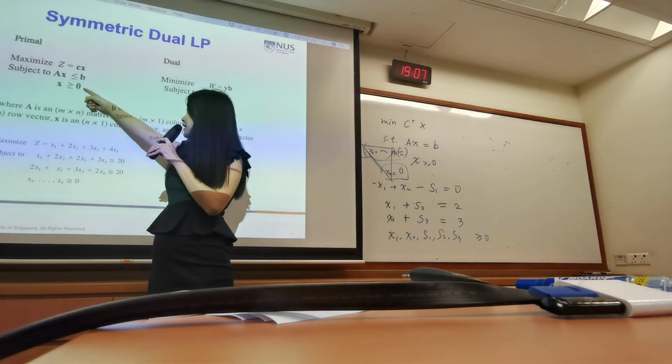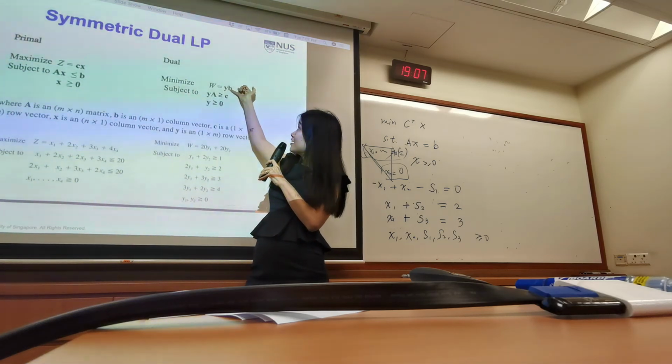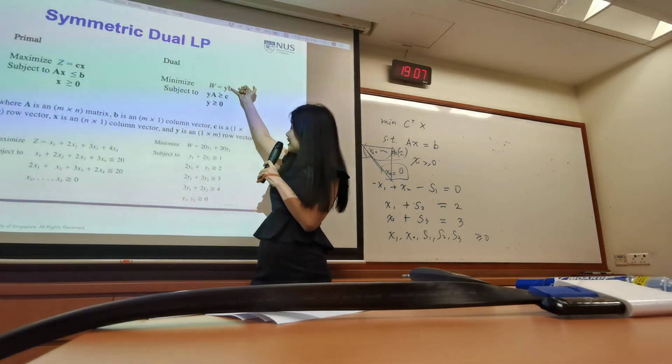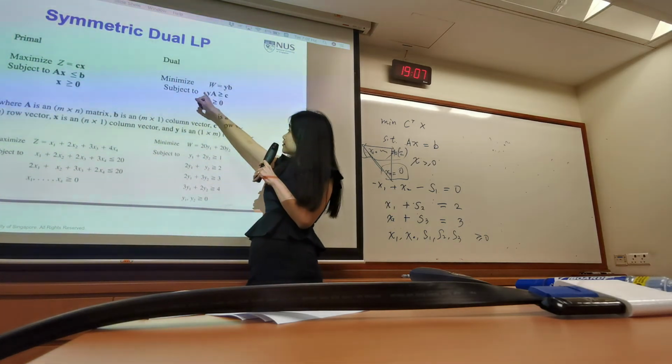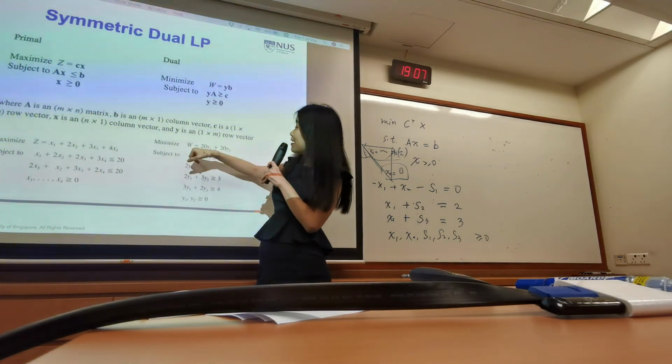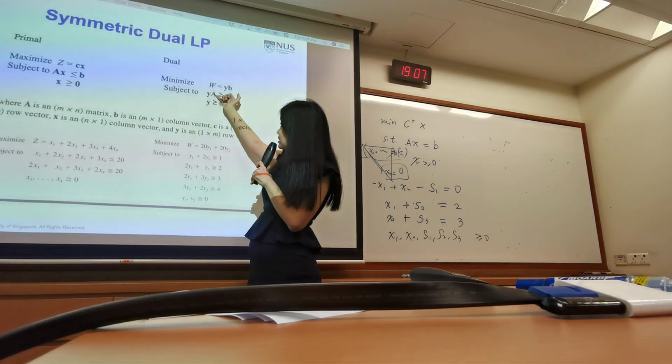We studied B will become your coefficient in the objective function. So now it's minimization YB. The B is the same value here. And because you turn the dimension, so the A will be written on the right to Y.